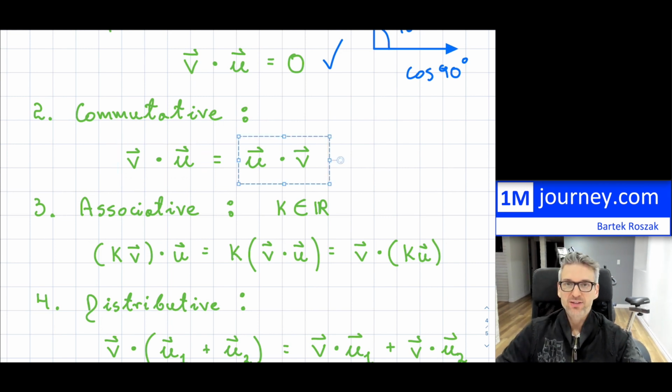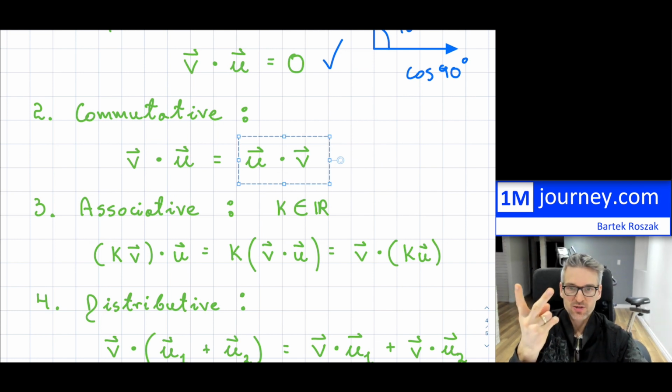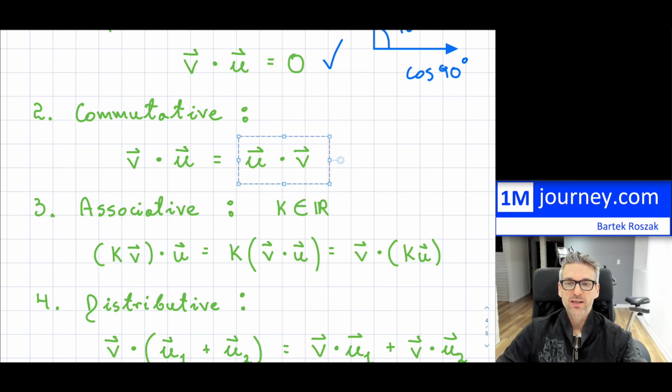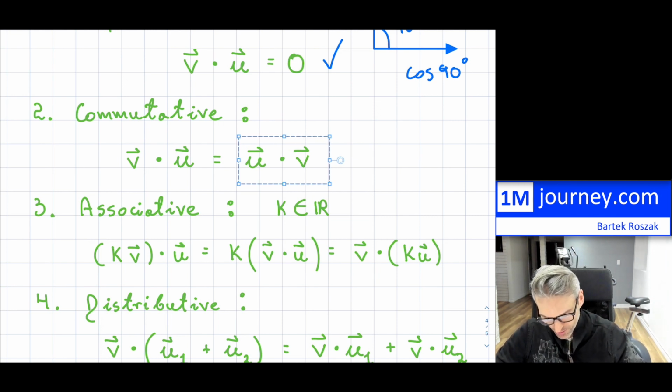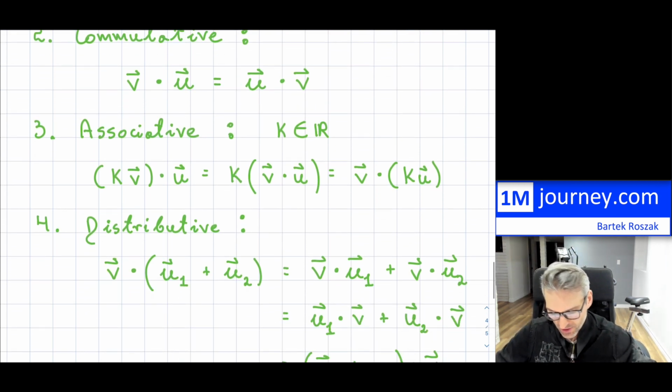You take the magnitudes of those because all you're doing is swapping them, and the angle in between them doesn't change. So that commutative property works. So you can do that dot product if you like. Now, the third property is the associative property.